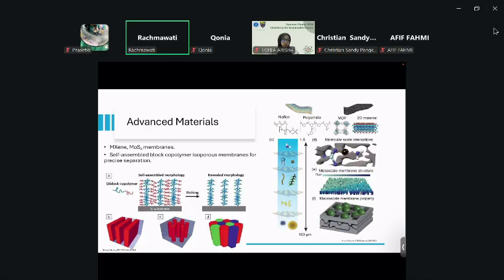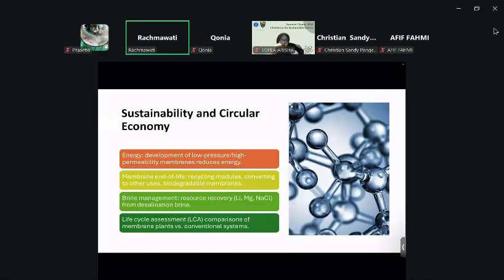While this one includes metal organic frameworks, 2D materials, and so on. So you modify the membrane using more advanced nanomaterials to combine with the conventional membrane.